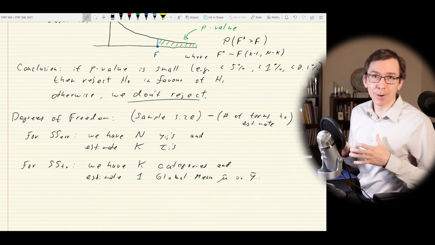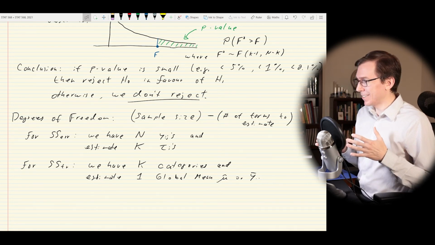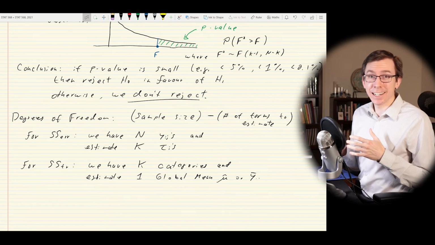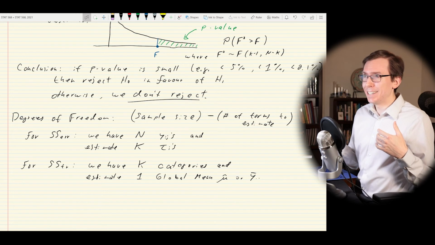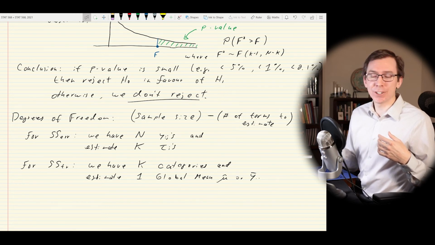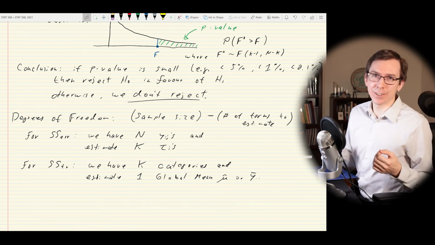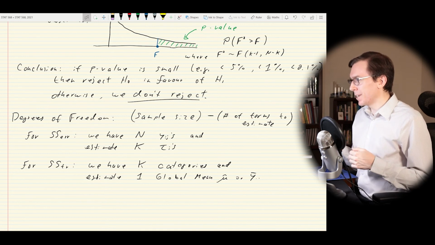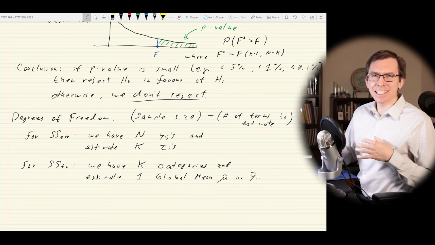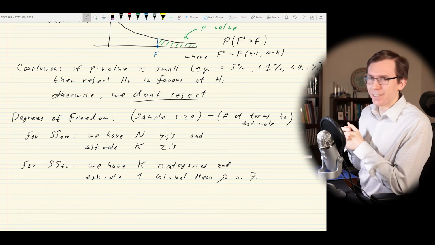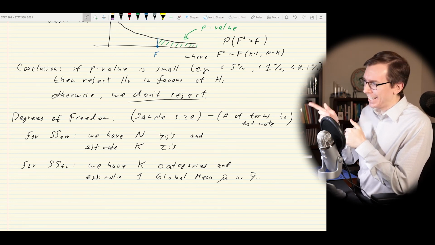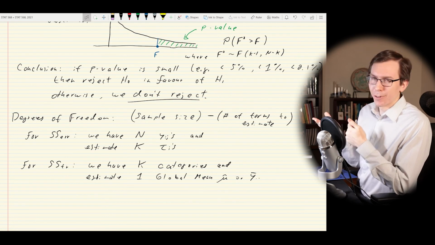It's also important because when you plug your data and your model into R, it's easy to mess it up. One of the best ways to check you're doing everything right is to count degrees of freedom, because if you plug in your equation wrong, you can get strange degrees of freedom that don't make sense. It's a very quick way to catch, for example, a typo in your code.